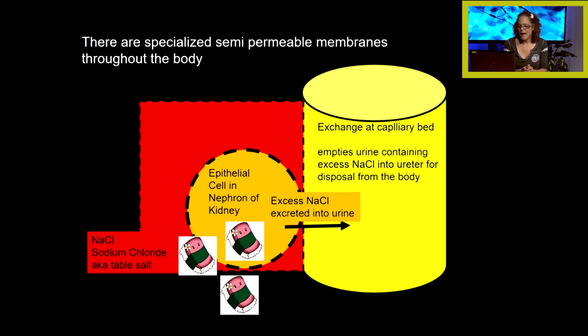And if we have excess salt, it needs to be excreted into the urine. And so what happens then is that the urine that contains this excess sodium chloride goes into the ureter and it gets excreted out from the body, okay? But semi-permeable membranes are involved in all of these different types of exchanges that occur.